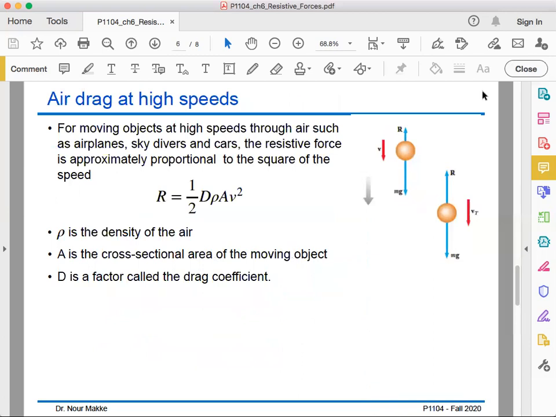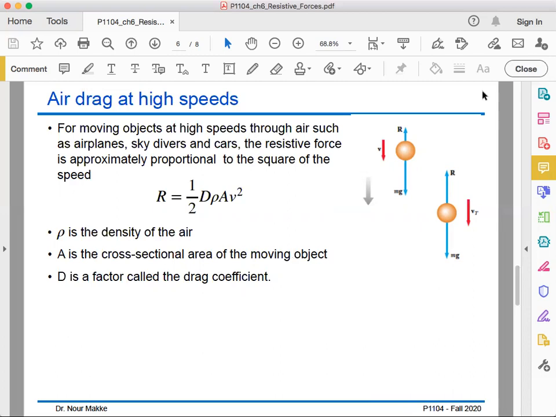Another example, which we mentioned in the beginning, is the air drag. We talk about air drag when we have objects that are moving at high speed through air or through a fluid. Some examples are the airplanes, the skydivers, or even the cars. These are examples of objects moving through the air.